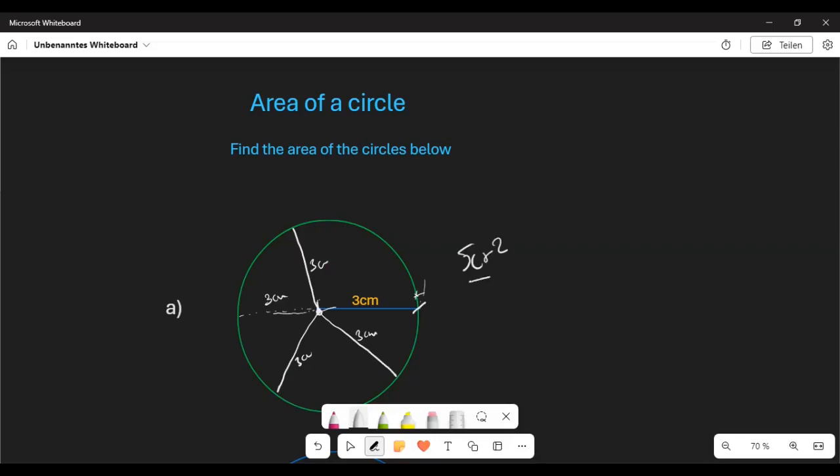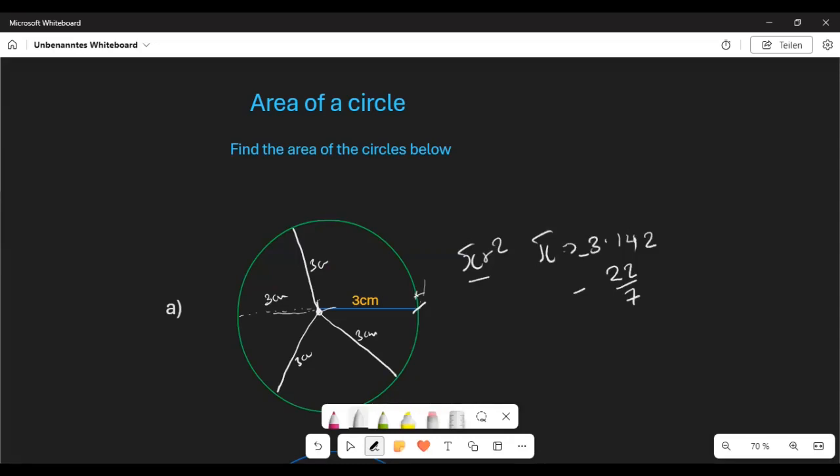Pi in most cases is denoted by 3.142 when put into decimal, or sometimes you can be given 22/7. Depending on what figures you have, you can either use 22/7 or 3.142. Now let's go to our question.